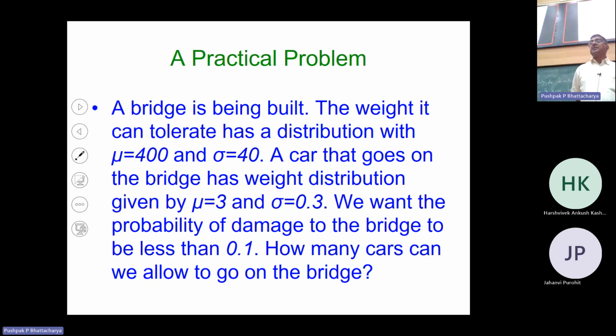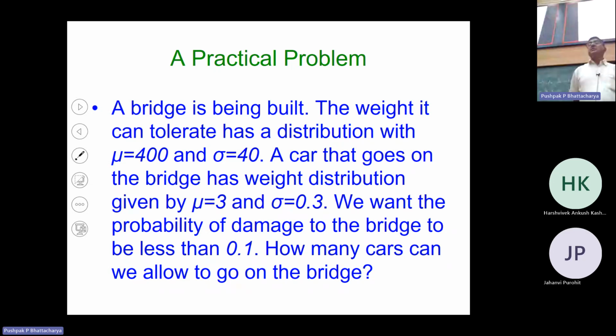A car that goes on the bridge has a weight distribution given by mu equal to 3 and sigma equal to 0.3. That means the weight of the car is also normally distributed with mean equal to 3 and standard deviation equal to 0.3. We want the probability of damage to the bridge to be less than 0.1.